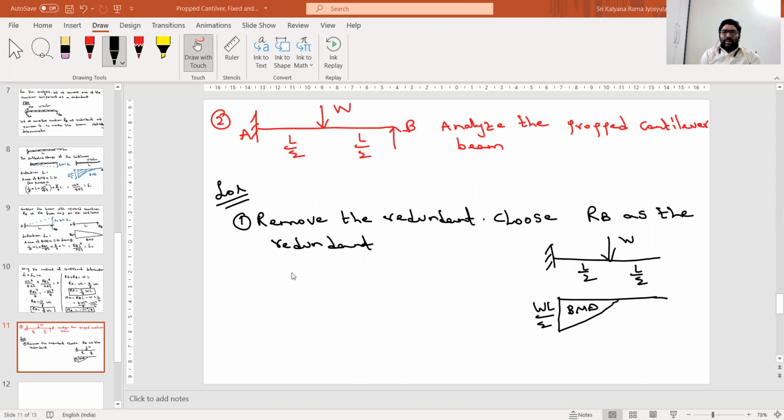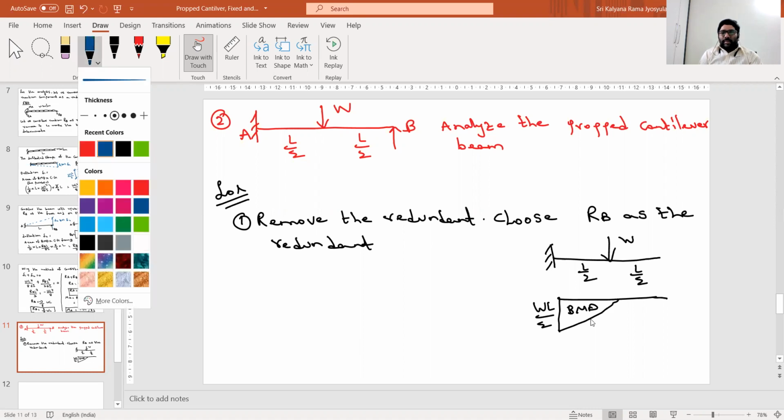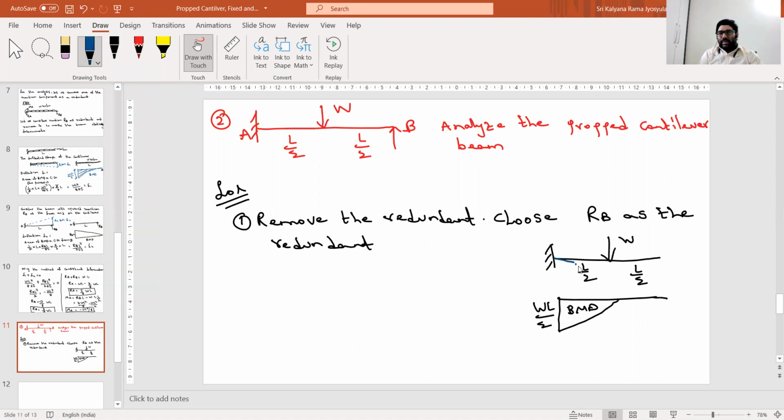The deflection corresponding to this specific load will be shown here, so delta B1.